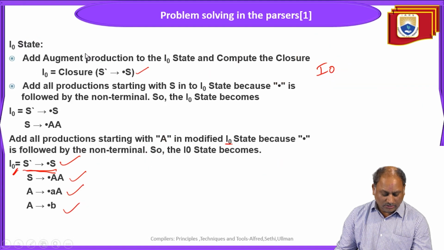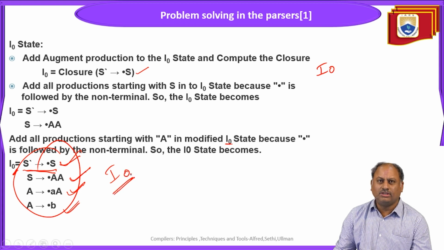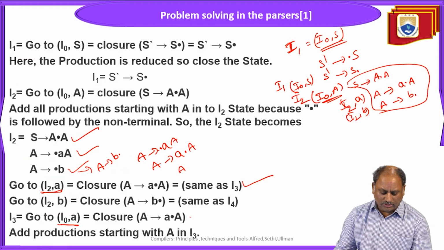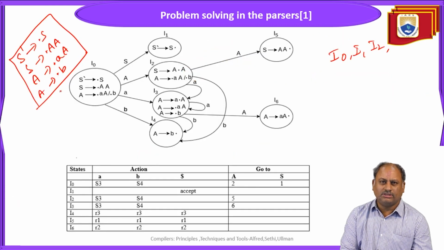Here we have considered the augment production. This completely we can call state I0. These are the given productions from which we are going to generate I1, I2, I3. In the flow graph also we can depict easily how this I1, I2, I3 can be generated.